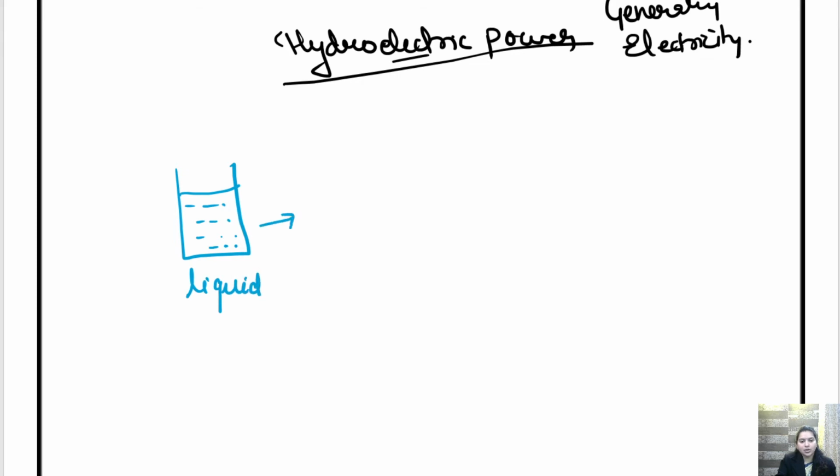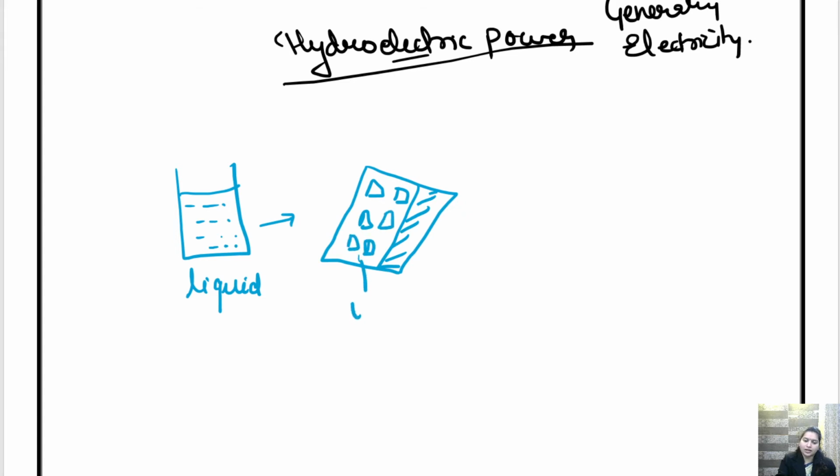All right, when we keep it in a ice tray, ये ice tray है, तो क्या होता है? ये आइस के फॉर्म में कन्वर्ट हो जाएगा and it is solid.